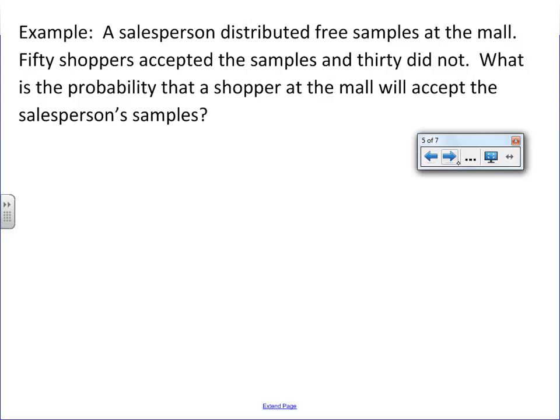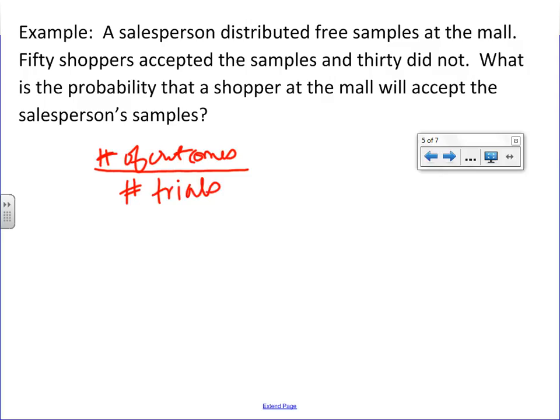And they're wanting to know the probability of a person stopping and accepting the sample. So that is our number of outcomes. The people who stop and get that sample. And the number of trials then is going to be the number of customers that walk by.